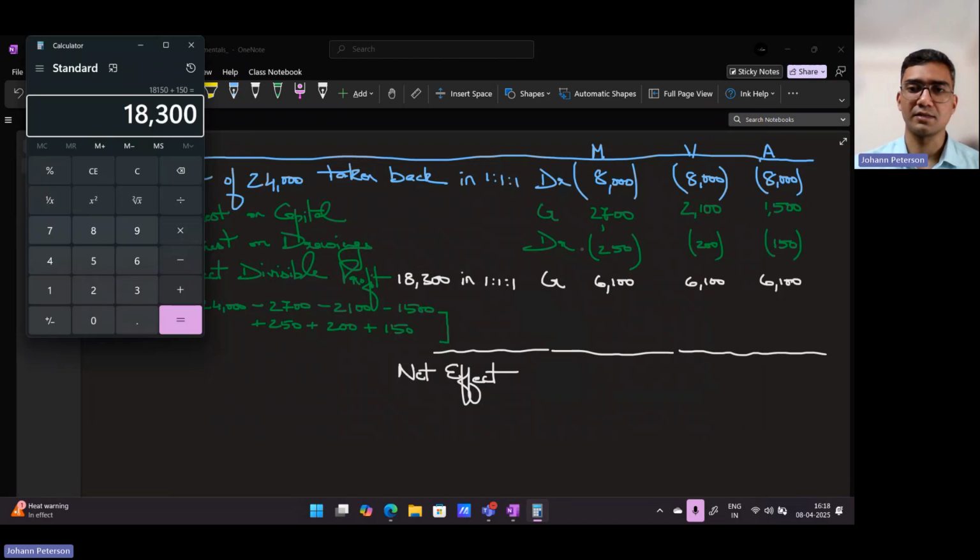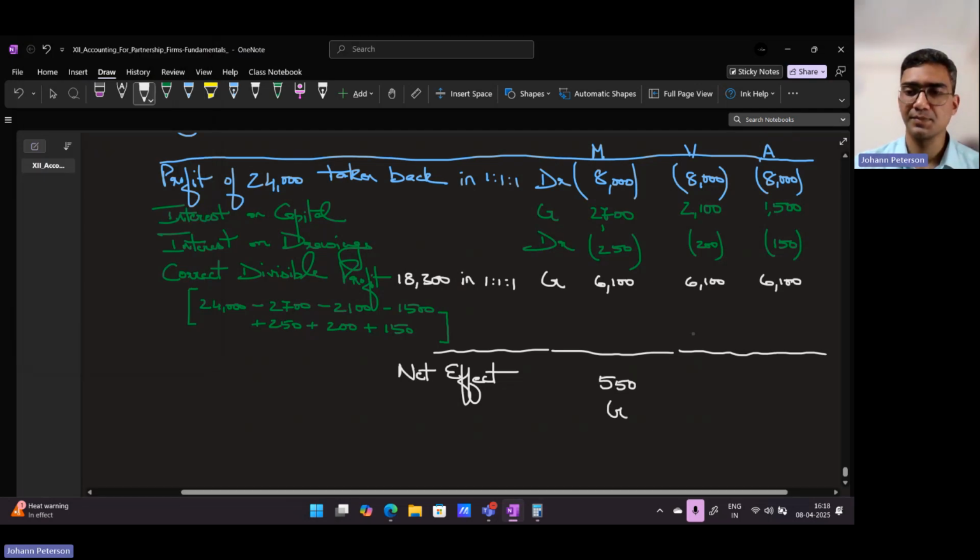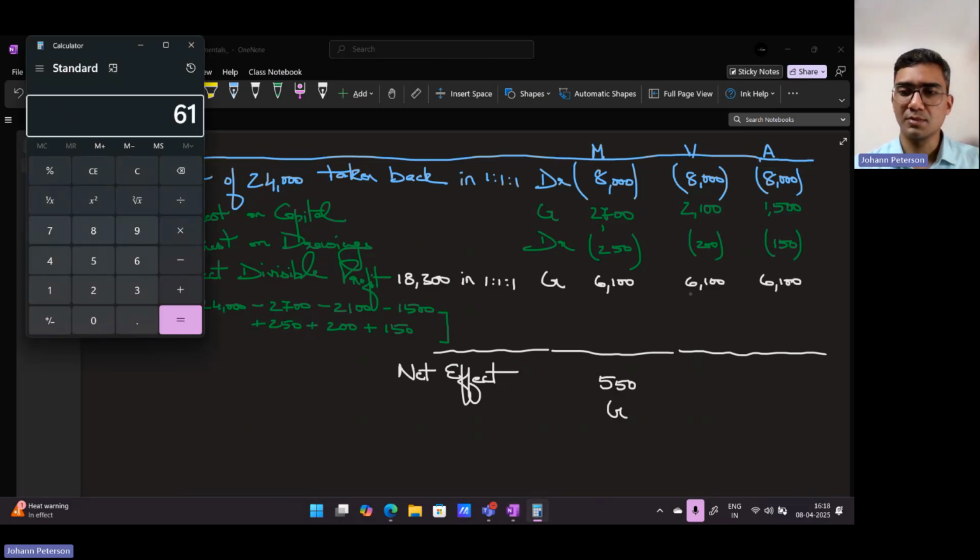Let us calculate the net effect for every column vertically. Let's see what is our net effect. So 6,100 plus 2,700 minus 8,250. This gives us 550. So this will be a plus amount. Therefore, I will write credit. The second one is 6,100 plus 2,100 minus 8,200.